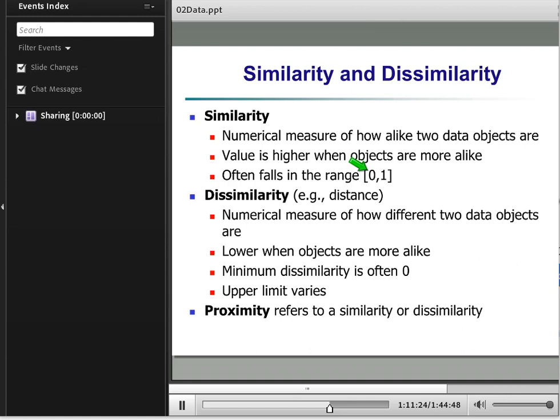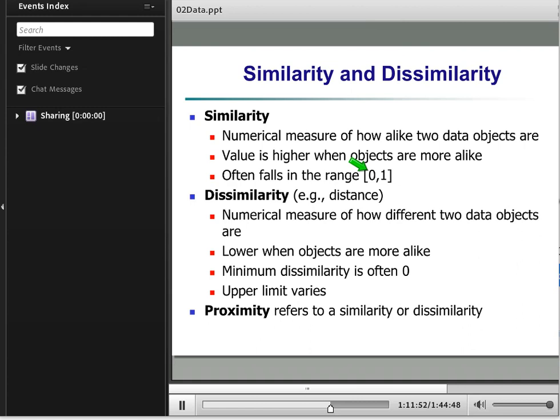Similarity is a number in the range of 0 to 1. 1 means that two objects are completely similar, and 0 means that two objects are completely dissimilar. They are completely different from each other.